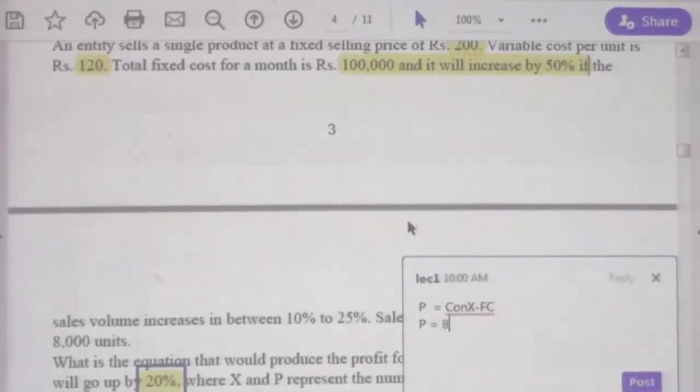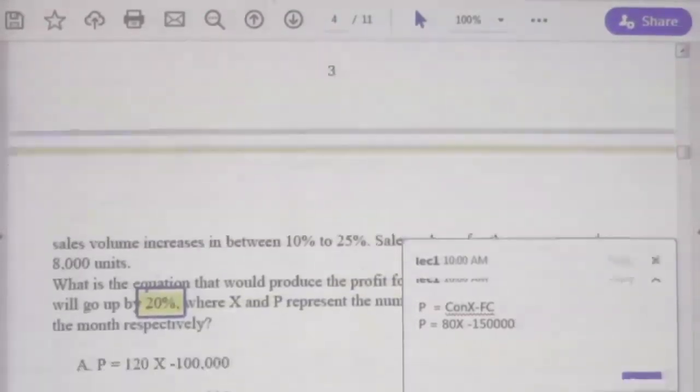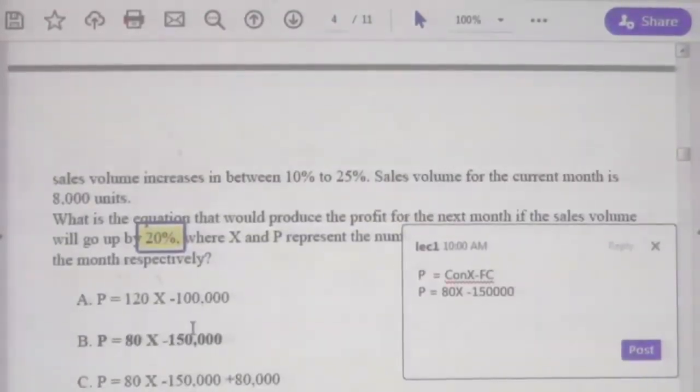That is 80 rupees, number of units X, then 80 rupees into X is the total contribution, minus fixed cost 150,000. Since fixed cost increased by 50%, since your production increased between 10 to 25%, therefore the answer would be 80X minus 150,000. This is the answer for question 12.